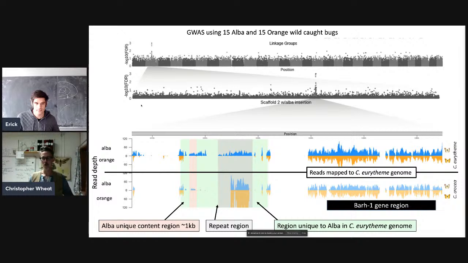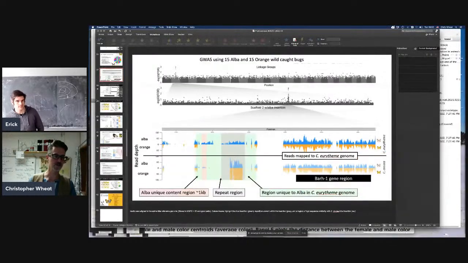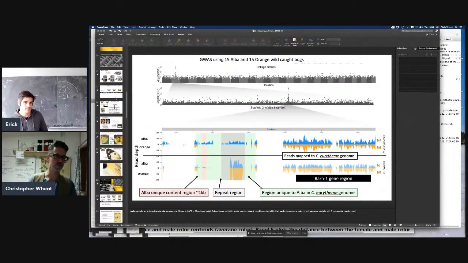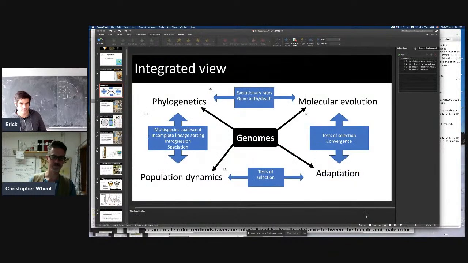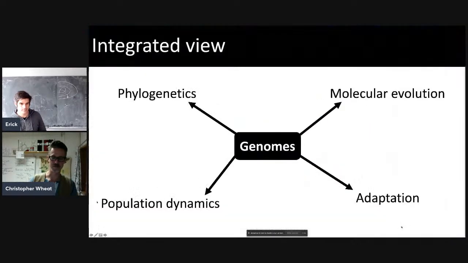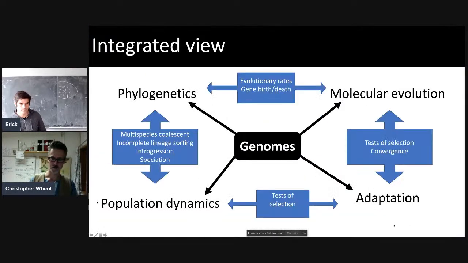But to respond to your question in a general sense, I'm actually going to go back to my very early slide. Once you have genomes and you're doing phylogenetics, you don't just have to do phylogenomics.